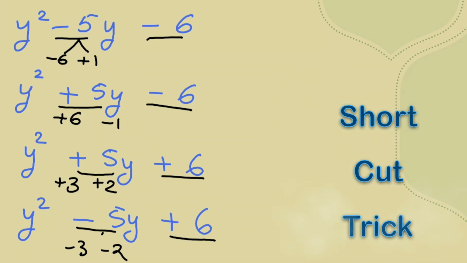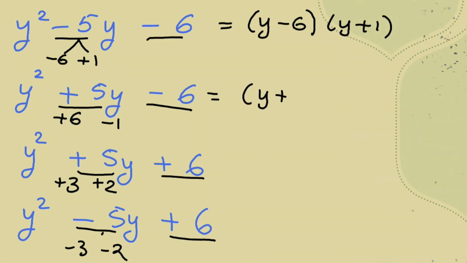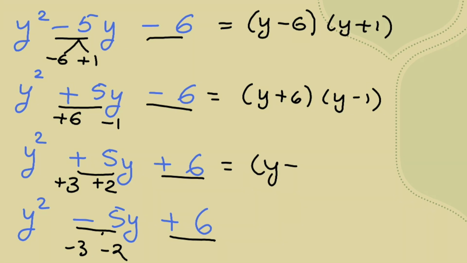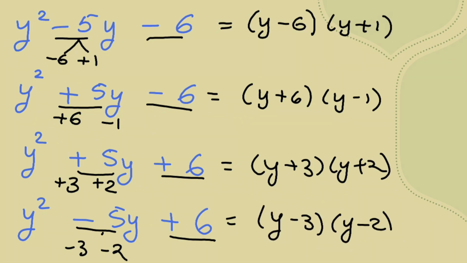And the observation is your answer will be y minus 6, y plus 1. Your answer will be y plus 6, y minus 1. Your answer will be y plus 3, y plus 2. Your answer will be y minus 3, y minus 2.